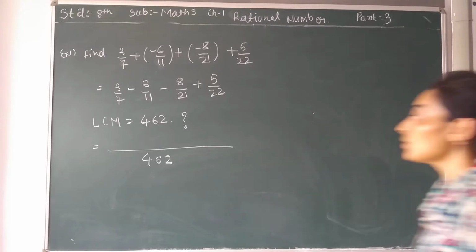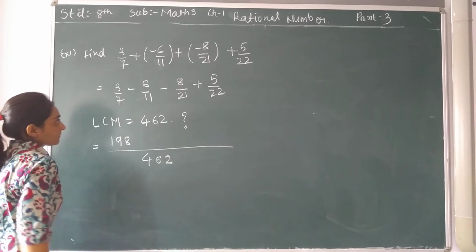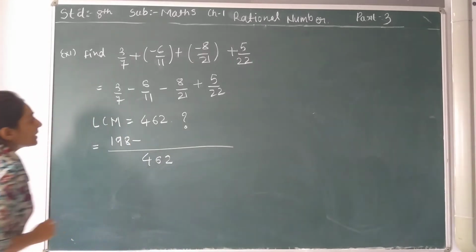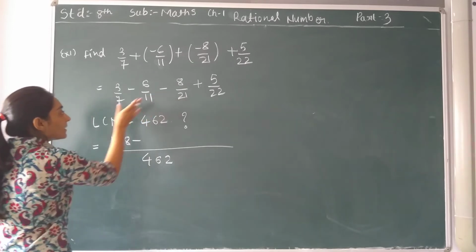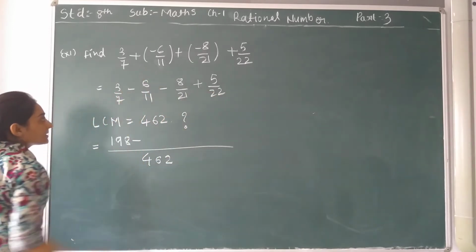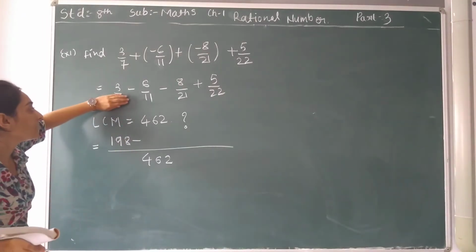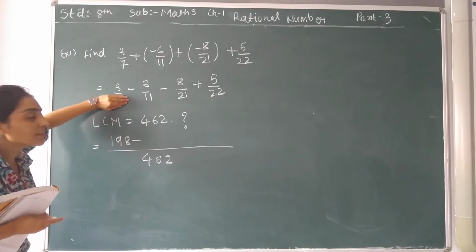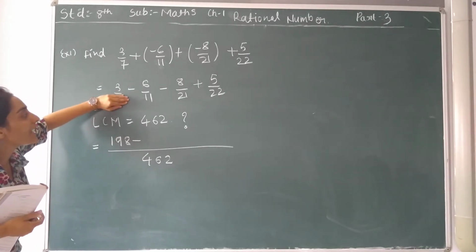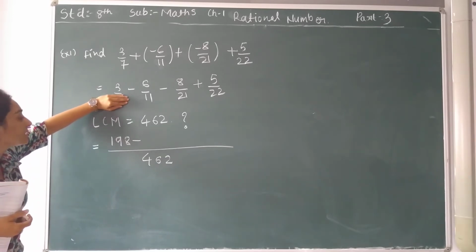Okay, so the thing is 198 minus, now 6 except 11. I am going to multiply all these things with 6 except 11. Whatever remains in the denominator, we leave that one. For 3 I leave the 7, and the remaining denominators I am going to multiply with that 3.